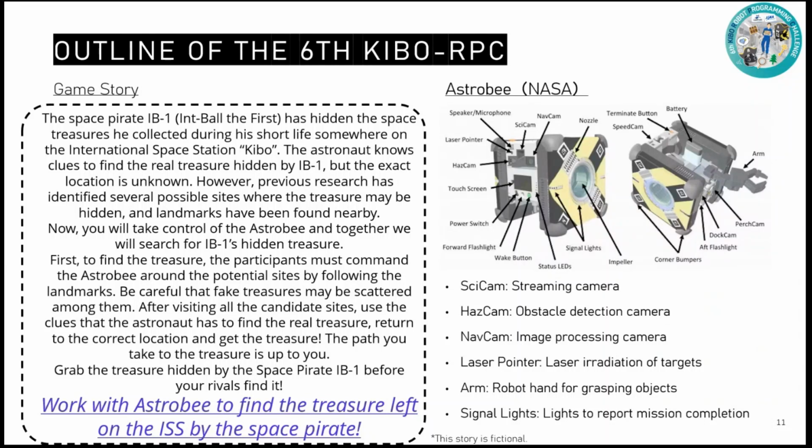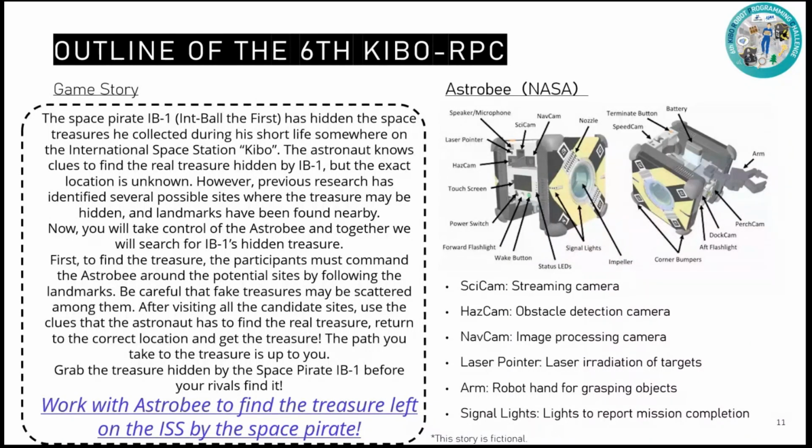An astronaut holds a clue about the real treasure hidden by IB1, but does not know the exact location of this treasure. So your mission is to work together with Astrobee to find the treasure hidden by the space pirate before any rival does. Of course, this story is purely fictional, but through this scenario, participants will develop an autonomous control program for the space robot Astrobee.